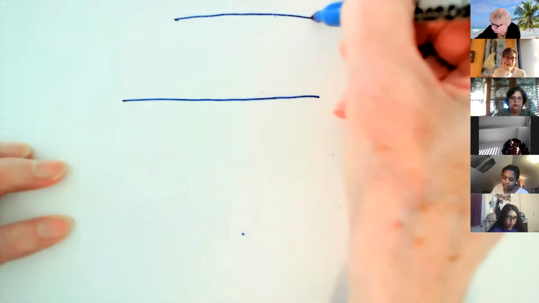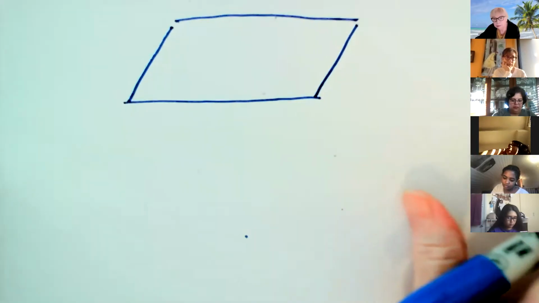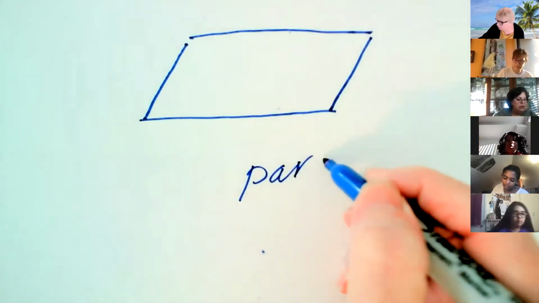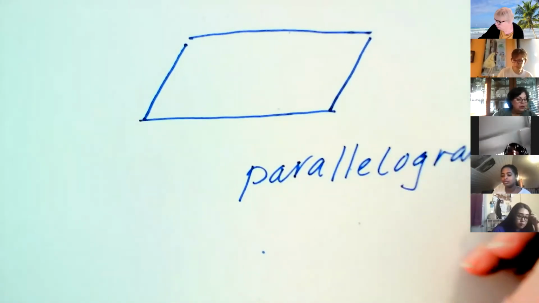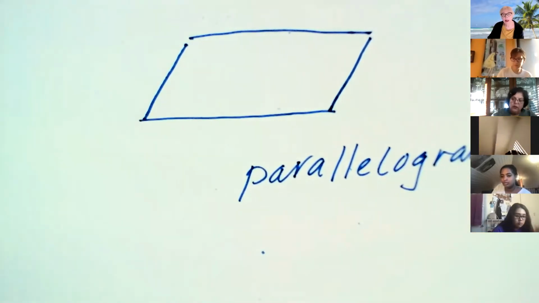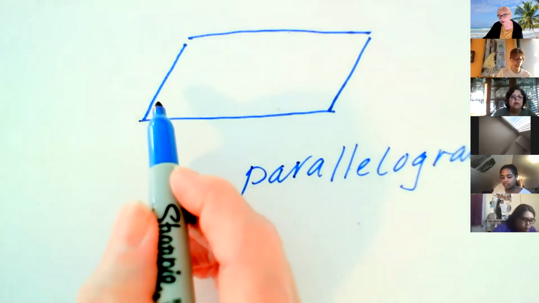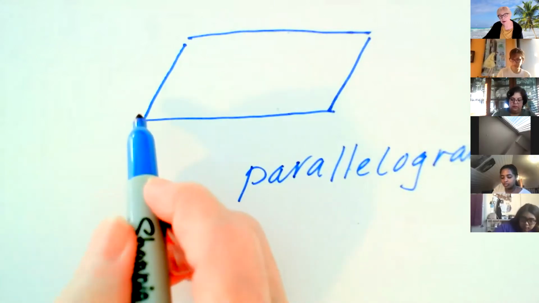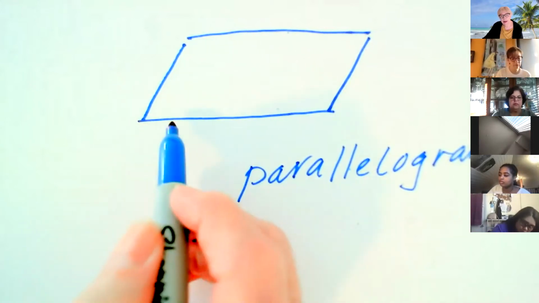So what I'm going to have to do is like this. Okay. Well, my drawing is not that great, but this is called a parallelogram. The feature of a parallelogram is you no longer have the right angle, the 90-degree angle, right here.